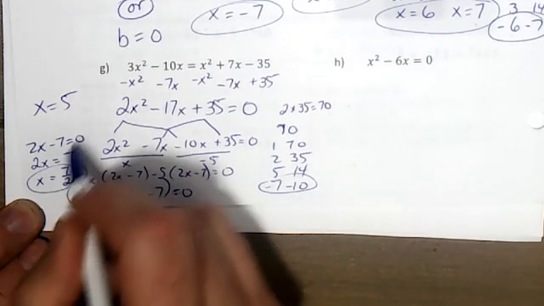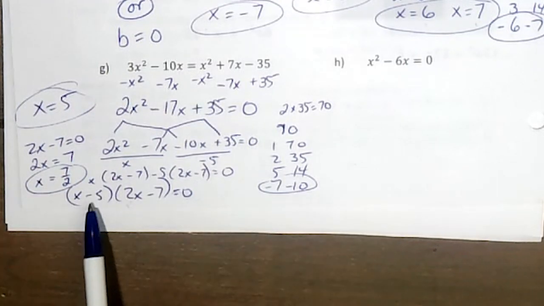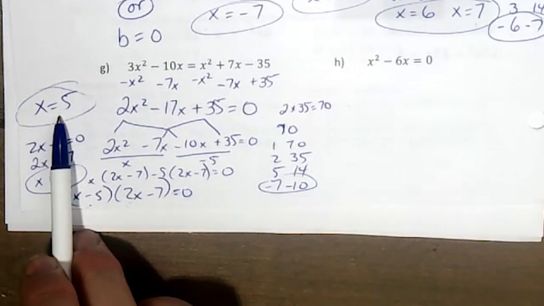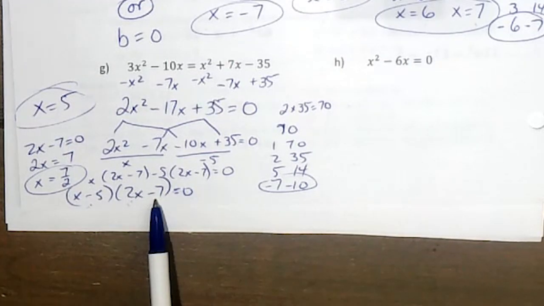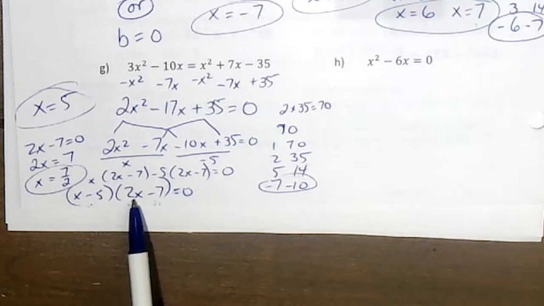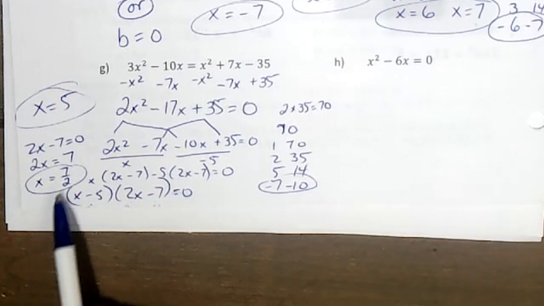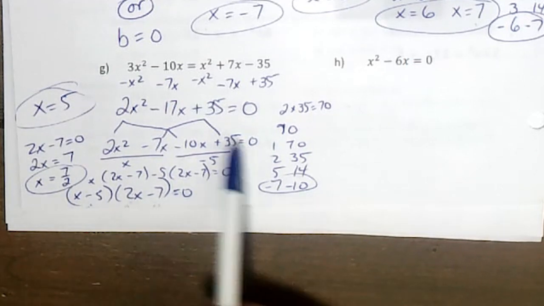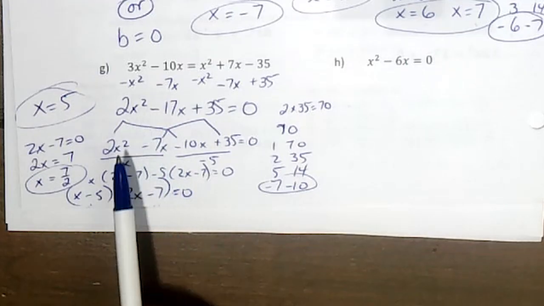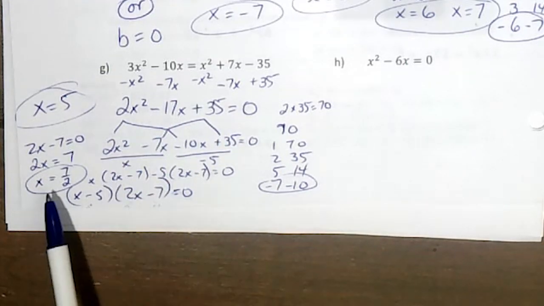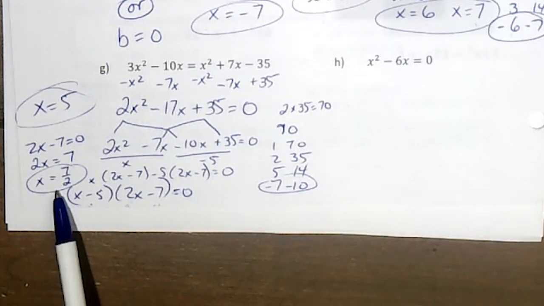Then divide by 2. So this one is just nice and easy. Negative 5 becomes positive 5. This one, it becomes positive, but positive 7 over 2. That coefficient becomes the denominator. So we still get two answers, except with the hard trinomials, we end up with one or both being fractions.